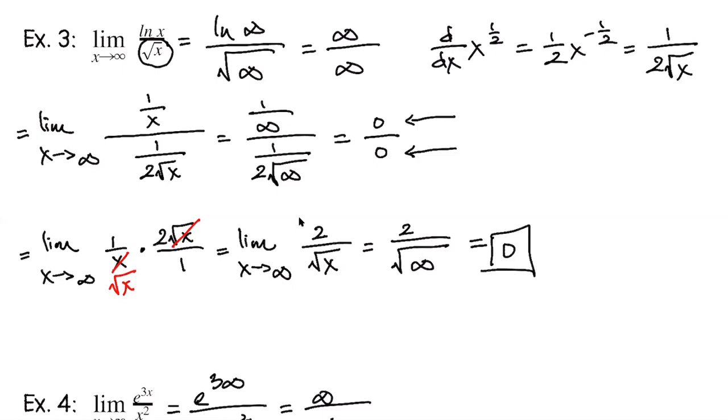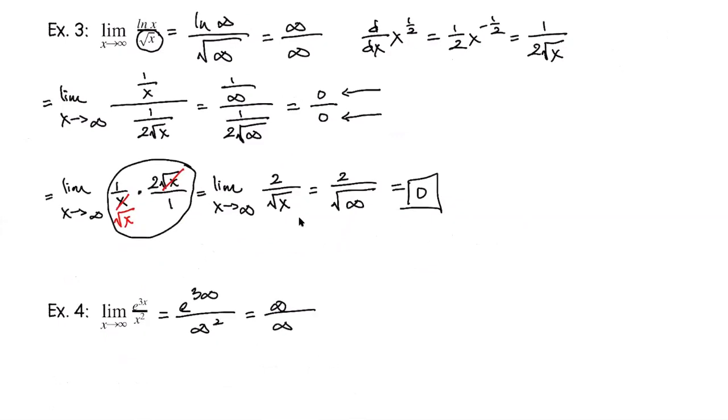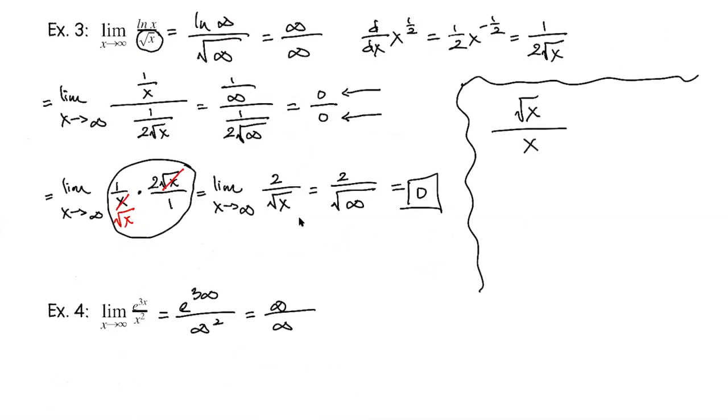All right, let me just do this part again real quick because I think some of us are a little confused where things came from. When I have the square root of x on the top, and an x on the bottom, I could write that as square root of x times square root of x over square root of x.